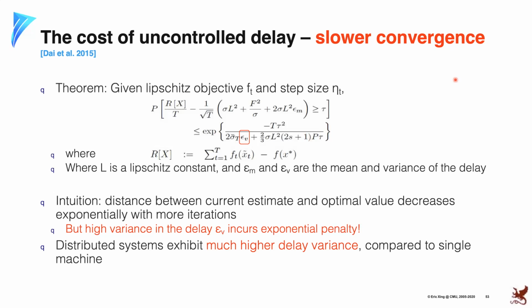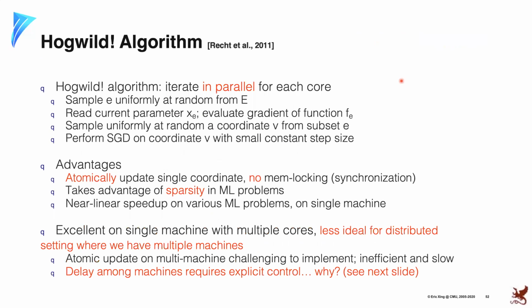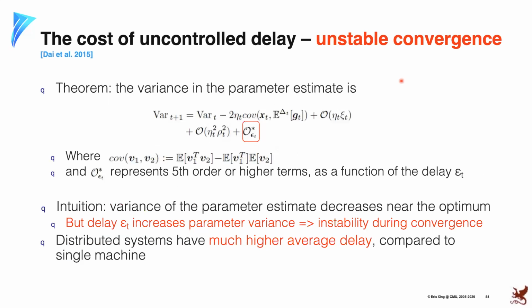Now we are just sending out mails. So essentially, it increases the probability that two workers will simultaneously update the same parameters, and that will cause the problem. This is one reason that it does not work very well for this distributed setting.